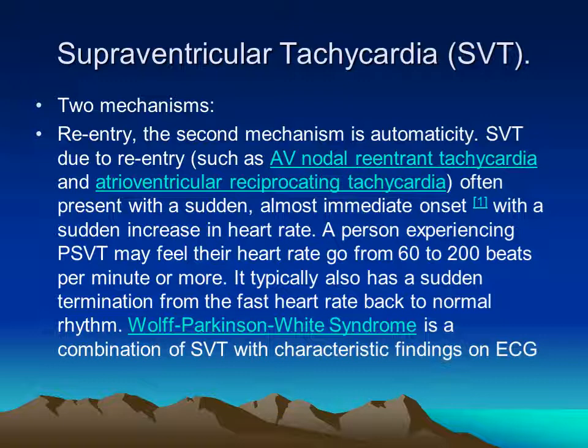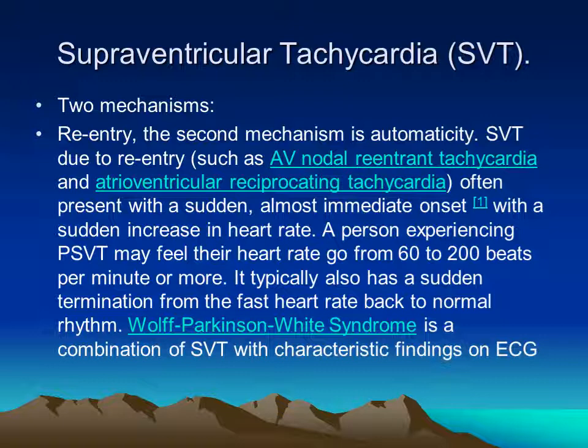A person experiencing PSVT may feel their heart rate go from 60 to 200 beats per minute almost immediately. Typically, it is also the sudden termination from the fast heart rate to normal rhythm.